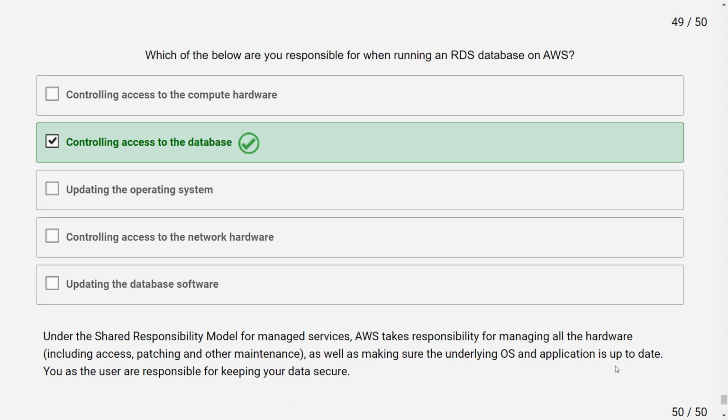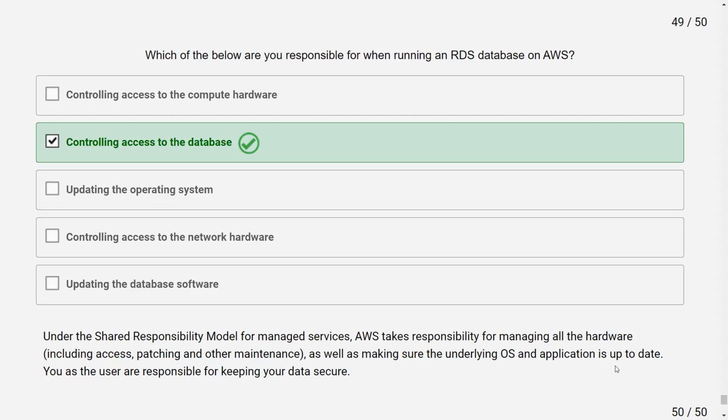When you're launching it on an EC2 instance, it's just like installing MySQL on your PC. It's just like installing Microsoft SQL on your PC. So that is basically for the database on EC2. There, you are responsible for even updating the database software and the operating system as well. But with RDS, these are managed. RDS is more or less like the software on its own.